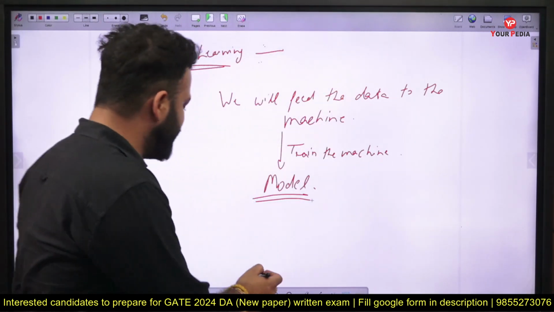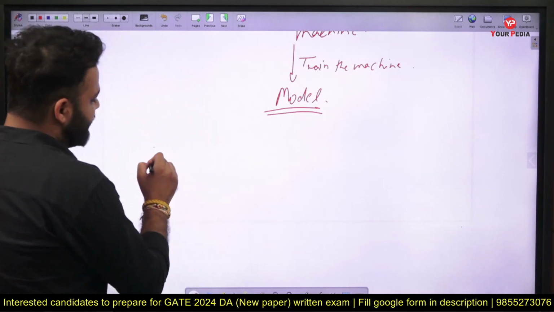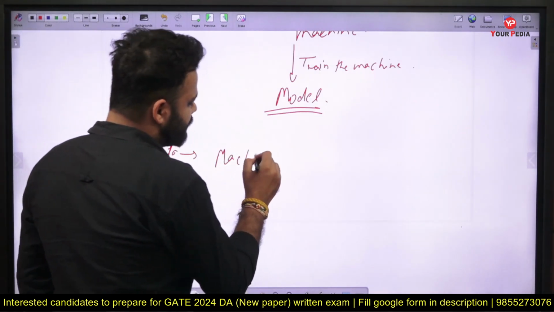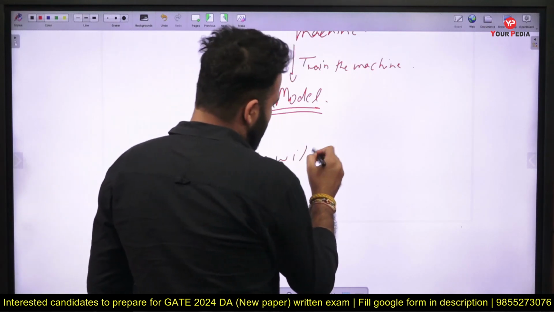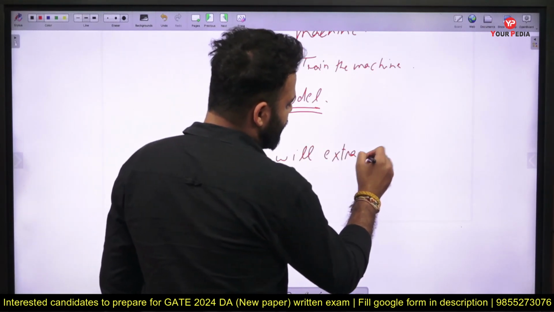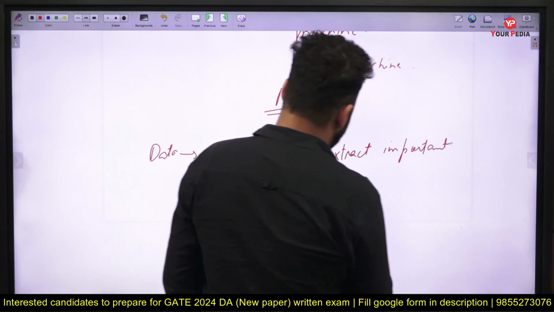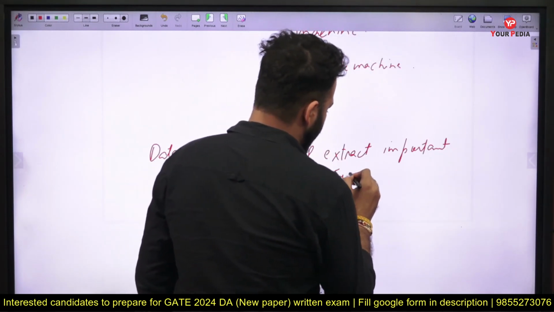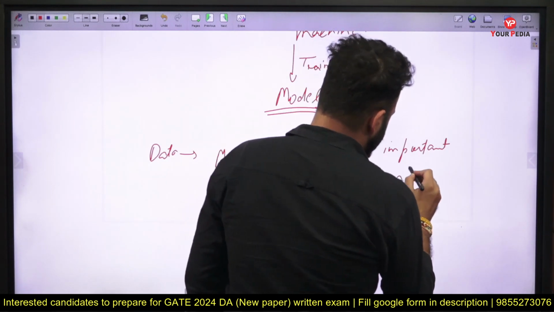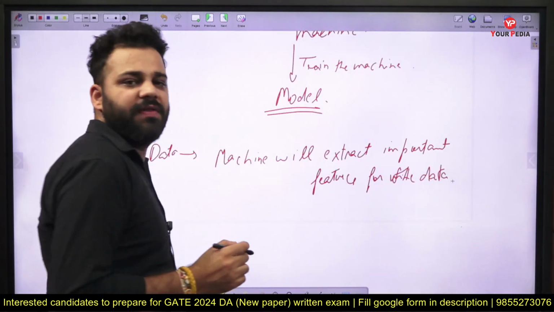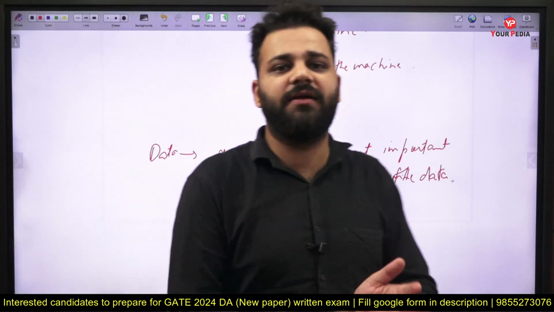So the data that we have given to the machine, the machine will extract important features from the data, and depending on those features, it will create a model.